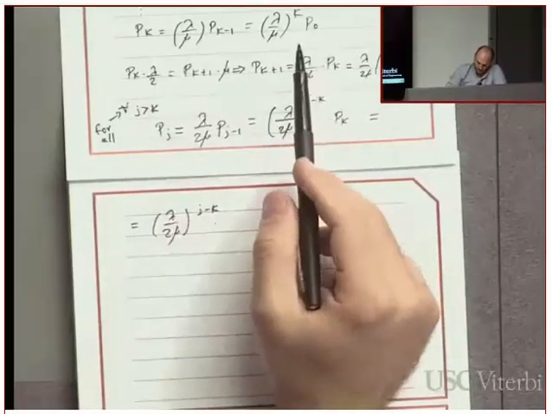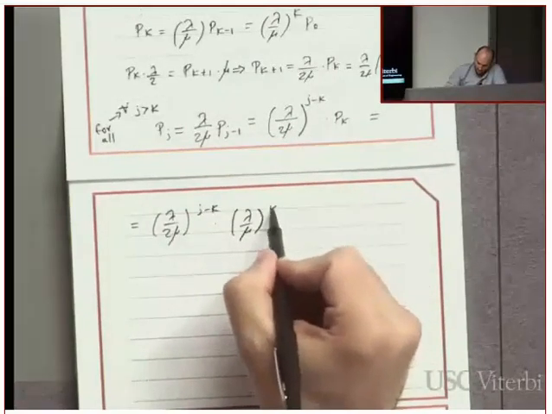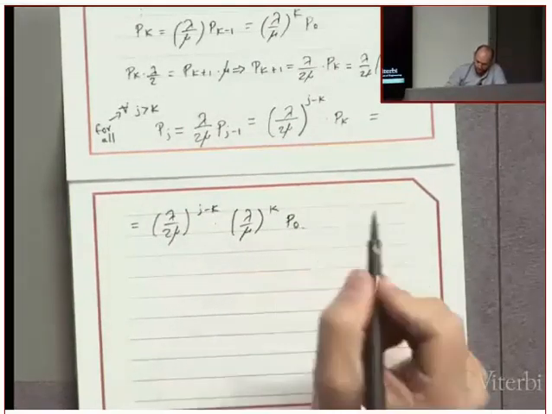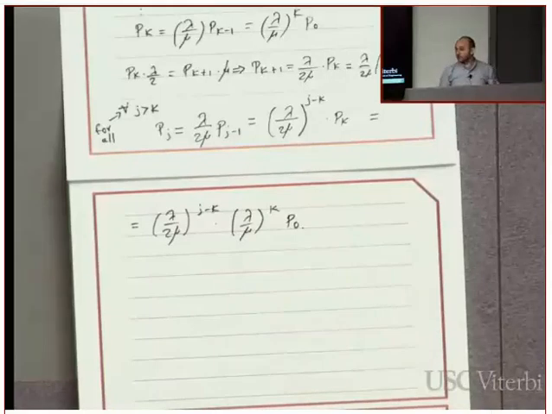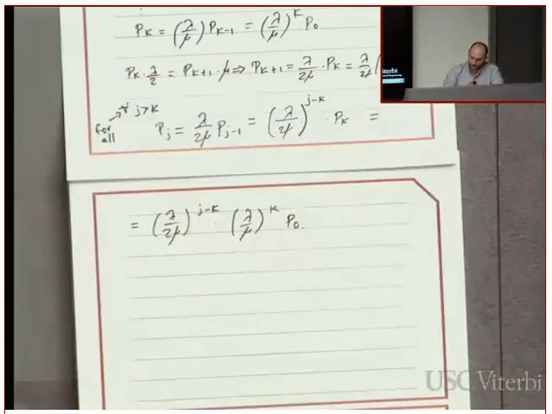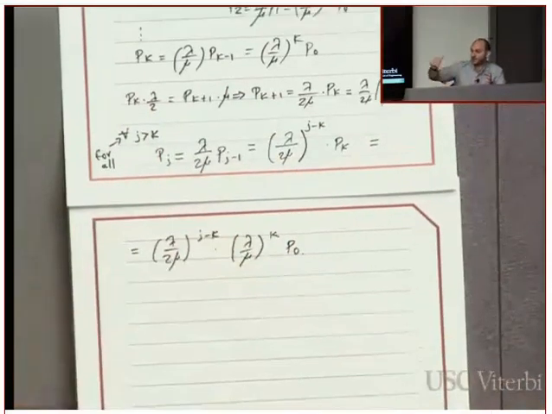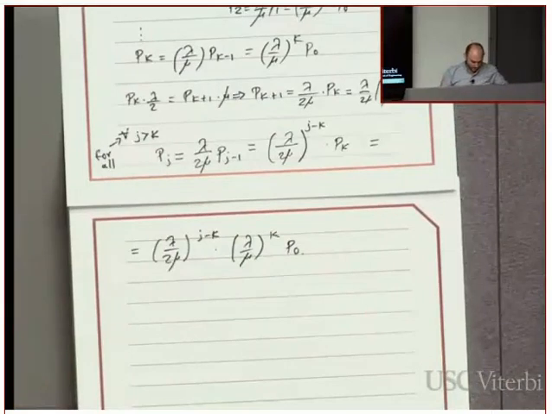We have Pk is equal to lambda over mu to the power of k P0. Now it's up to you what calculations you want to do. If you want to merge the exponents, if you want to take the 1 over 2 to the power of j minus k out, we can do many things. I'm going to present just one way of doing it.